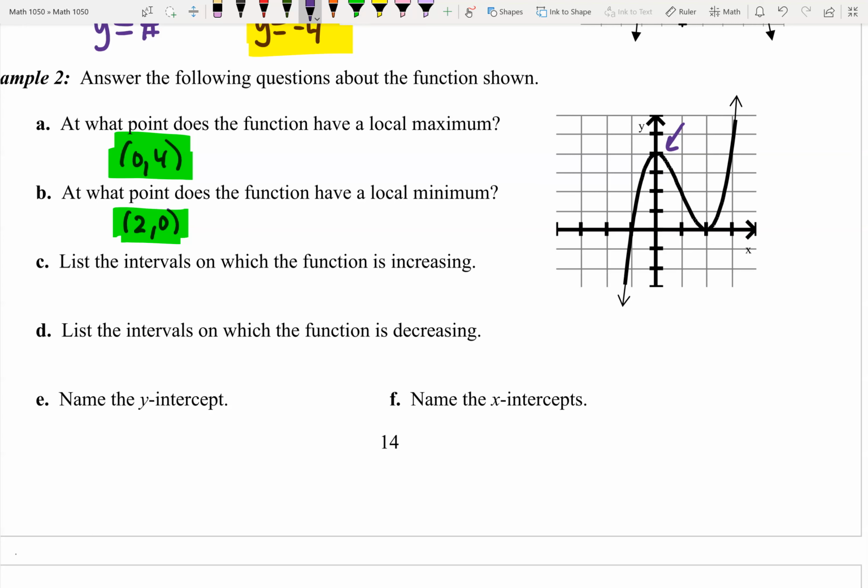Where is it increasing? You guys, where do you start looking? At what part? Like up, down, right, left? Where do you start looking? At the left. So I travel from left to right. Look right here. Here I am on the left. I'm traveling to the right. You guys tell me what's happening right here. Increasing. Where does the increasing begin? -infinity. Does the increasing end at a 4?